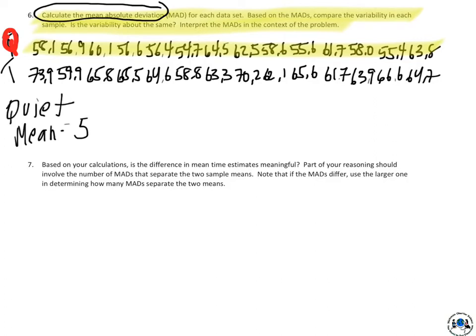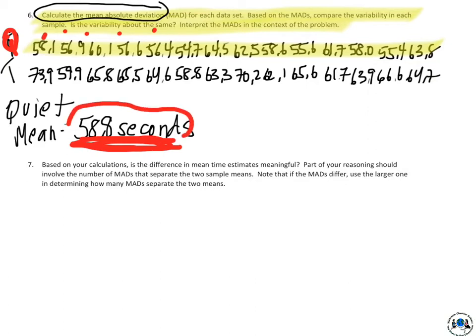The first thing we need to take into consideration is that we have this quiet mean of 58.8 seconds, and we want to compare that 58.8 seconds to all of the actual times. This is just the mean, the average of all those times. We want to compare this with all of those, and then come up with this mean absolute deviation.